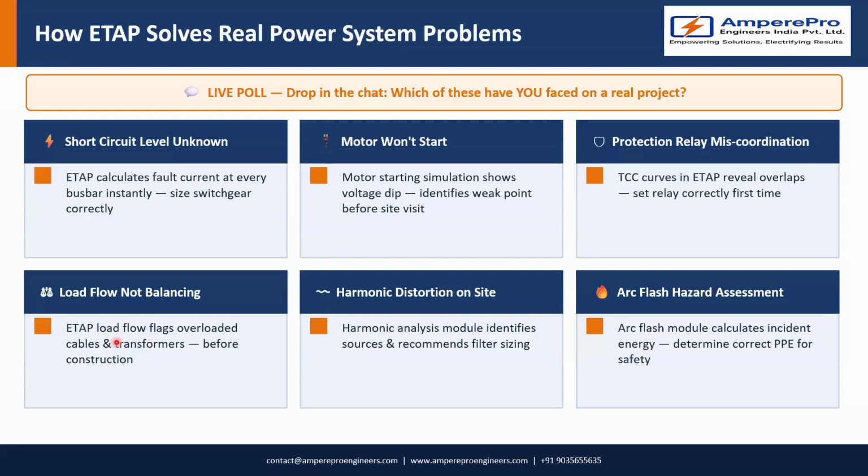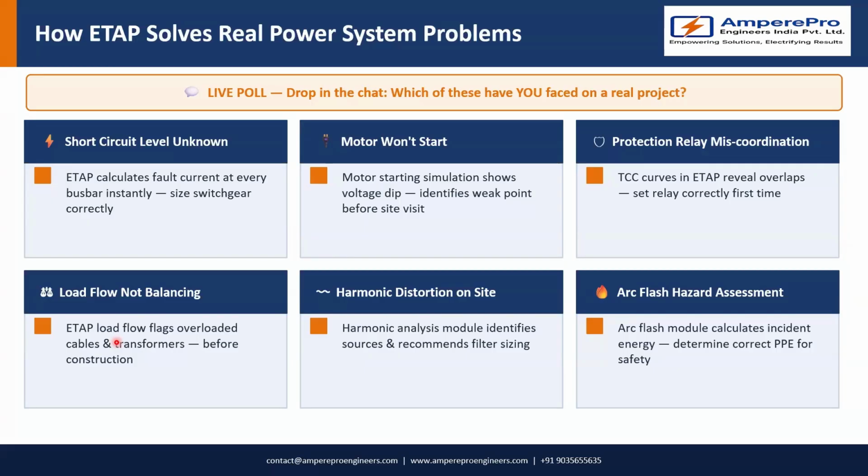That is very important, and ETAP helps you solve that as well. And when it comes to power quality, when you have a lot of non-linear loads, there may be third harmonics.